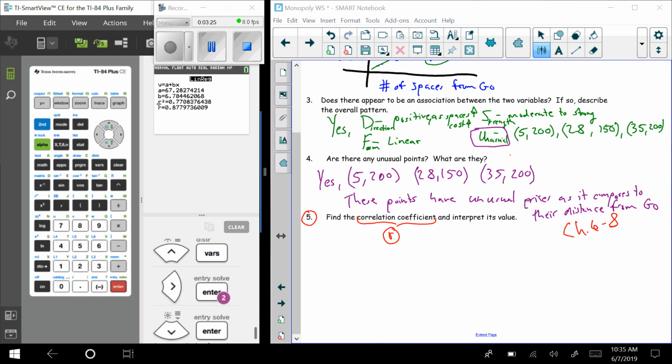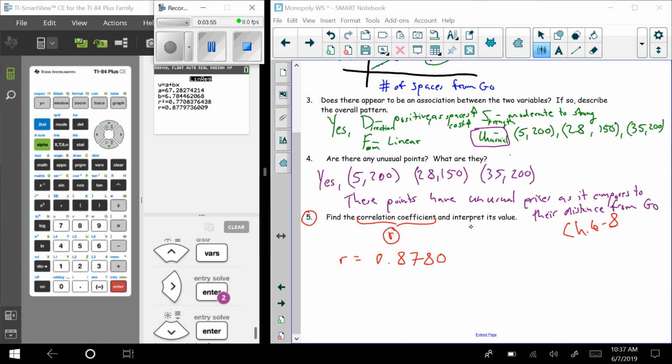And now all of a sudden you can see that it kicks out r squared and r. R is the correlation coefficient. R is equal to 0.8780. Okay, there's the first part. It says find the correlation coefficient. I've done that. The next part is it says interpret its value, right?